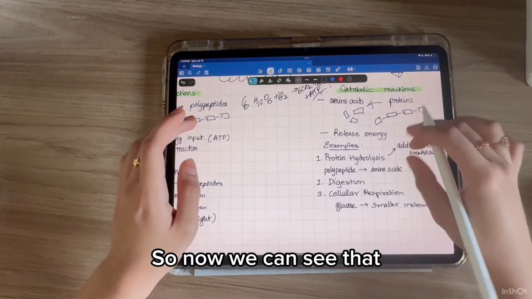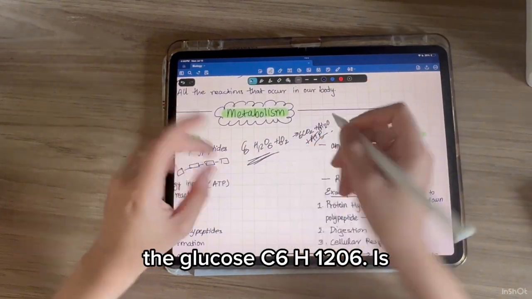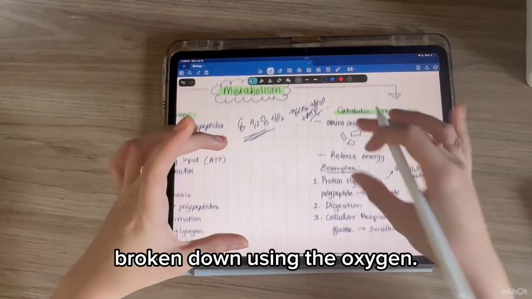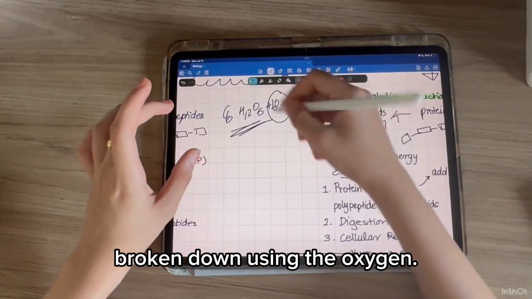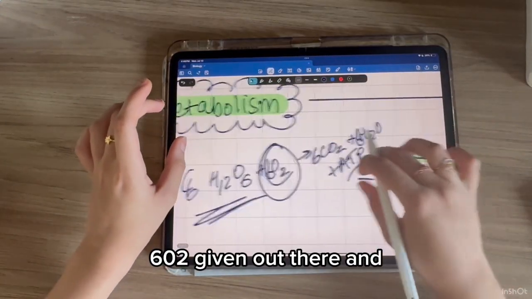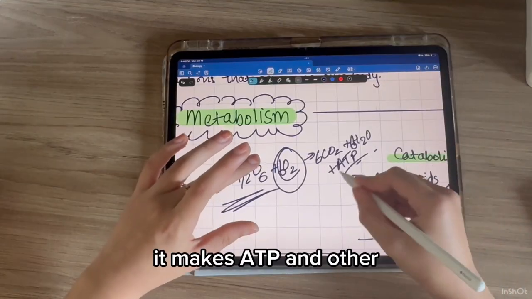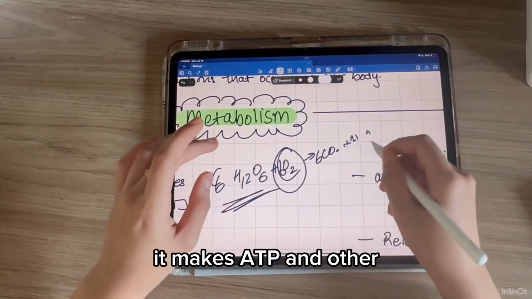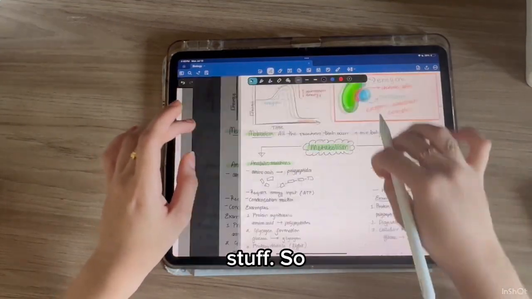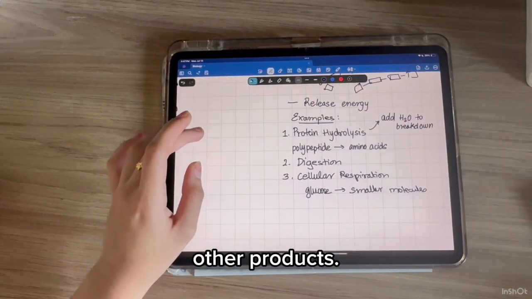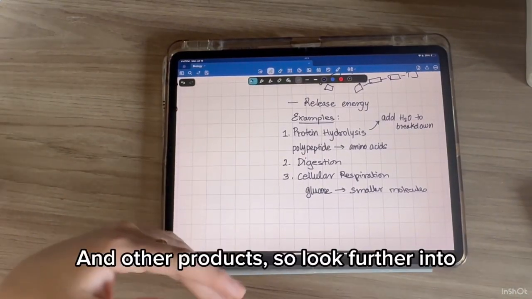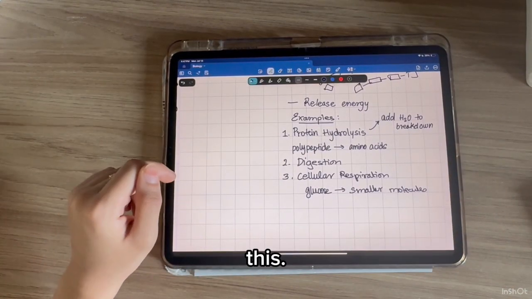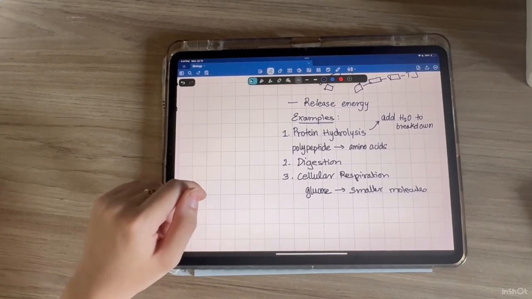So in that we can see that the glucose, C6H12O6, is broken down using 6O2, and it makes ATP and other products. So, look further into this.